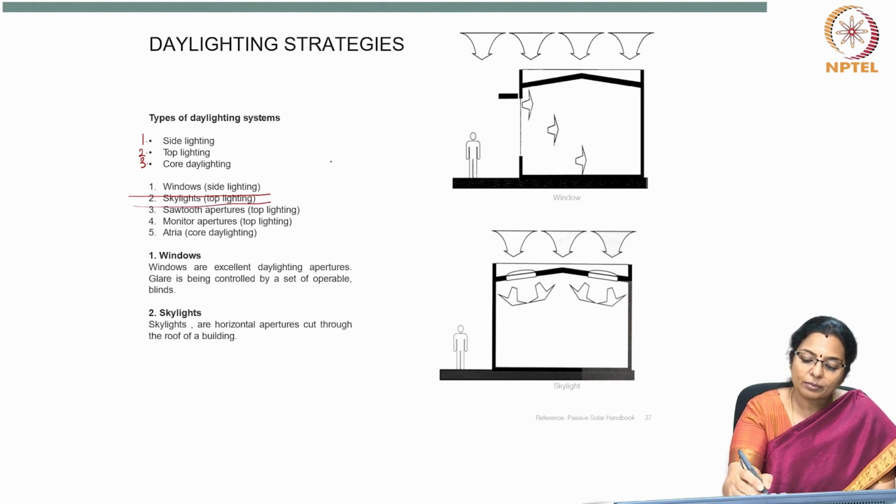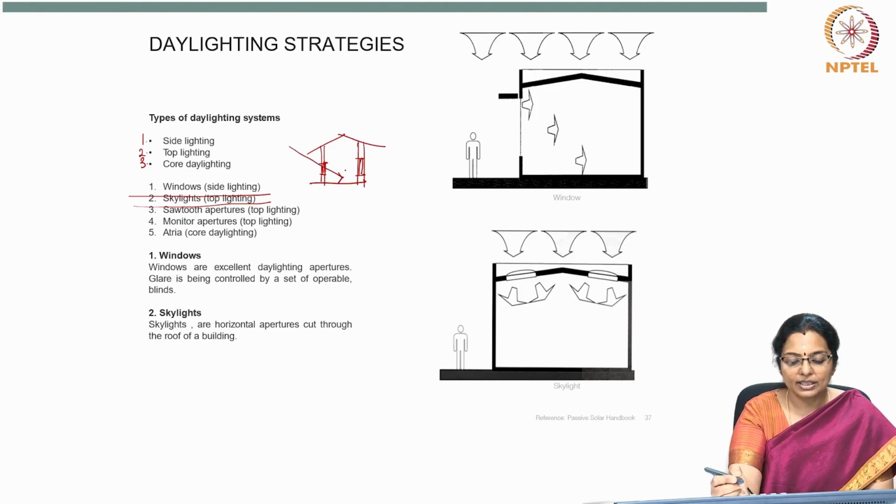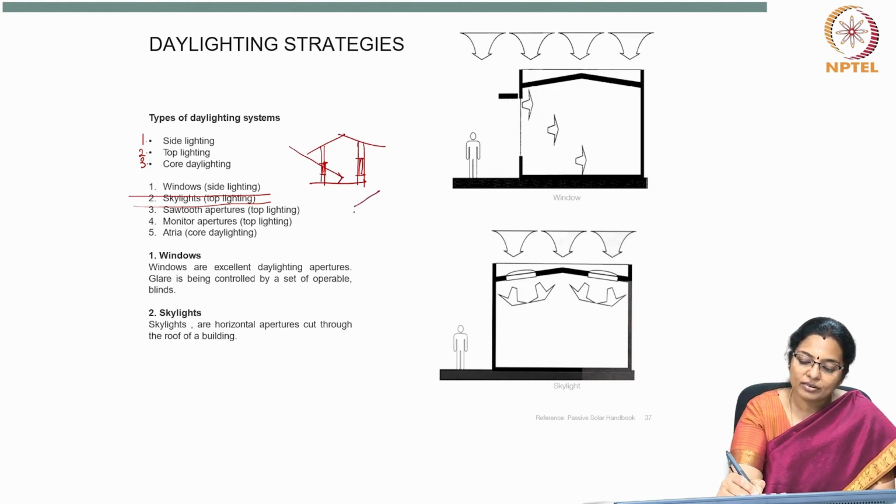So, windows will be along the wall, where we will get light through the sides, whereas skylights will be on the rooftop. So, from top we will get light.